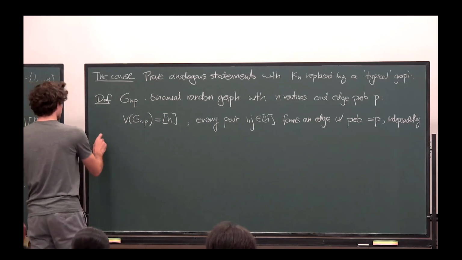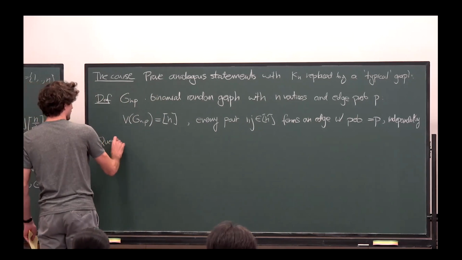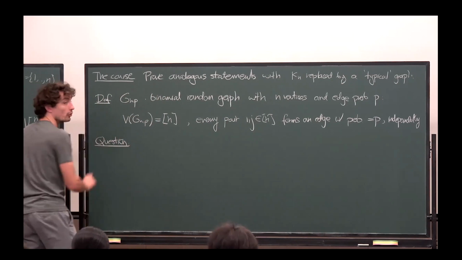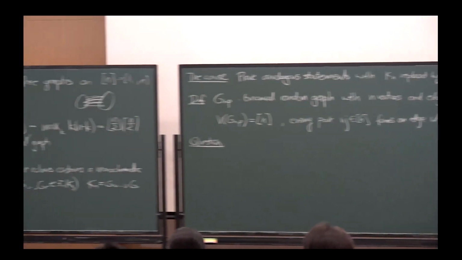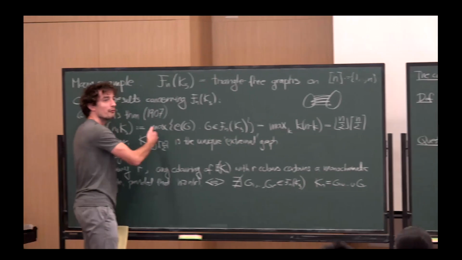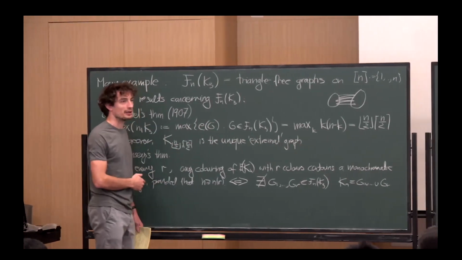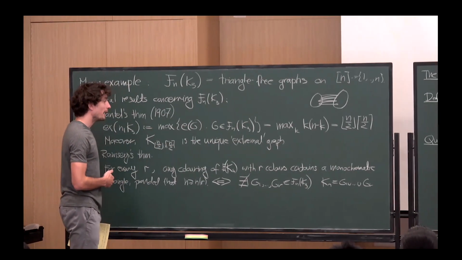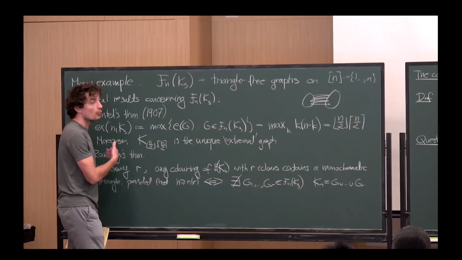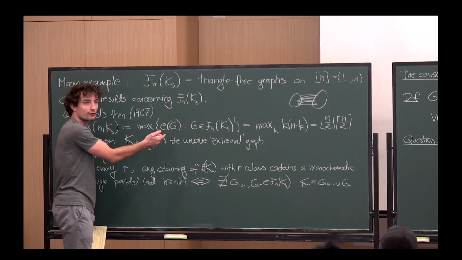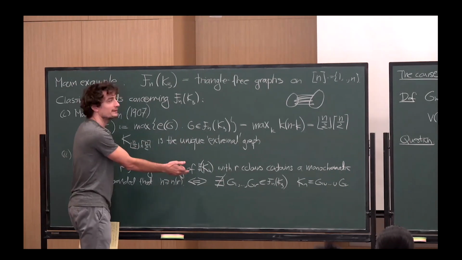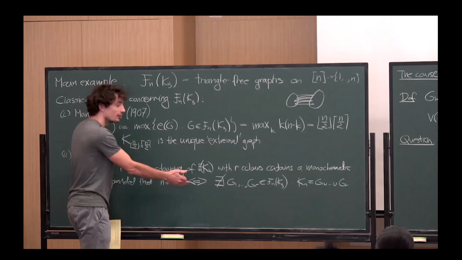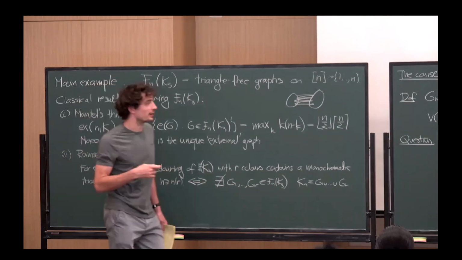And the question, or questions, that we would like to study is, when does the conclusion of Mantel's theorem hold relative to this model? Meaning, for example, when is it true that the largest triangle-free subgraphs of G(n,p) are its largest bipartite subgraphs? Or when is it true that you cannot decompose G(n,p) into a union of r triangle-free graphs?